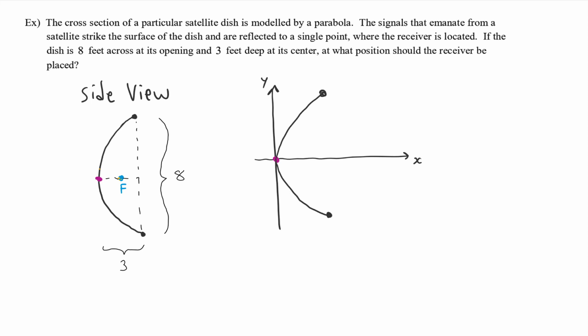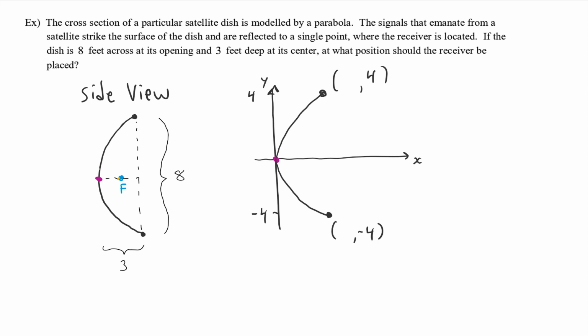Now, since we're 8 feet across, I go up 4 and down 4. This has got to be up here at 4, and down here at -4, because I know I'm 8 feet across.